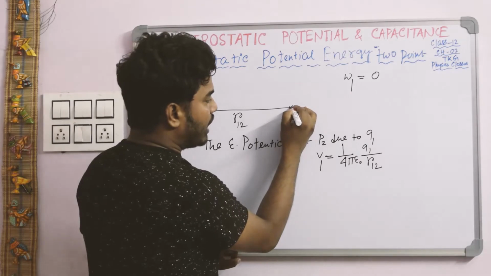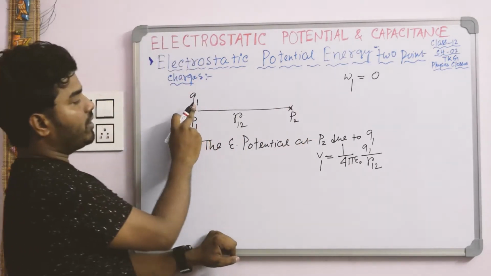This is the electric potential at point P2 due to the charge Q1.